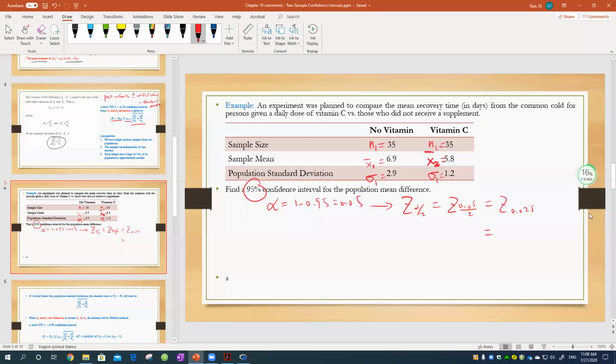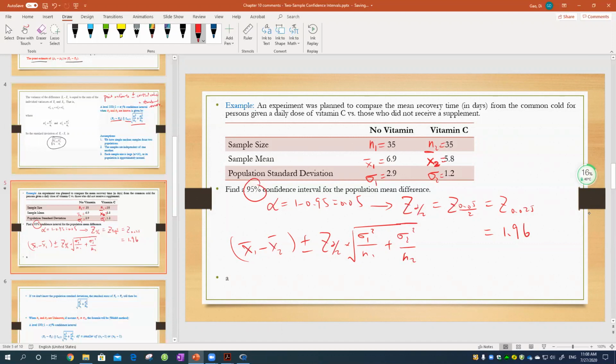So we write it down, that's 1.96. And then write down the formula again, x1 bar minus x2 bar plus or minus the critical value z alpha over 2 times square root of sigma 1 squared over n1 plus sigma 2 squared over n2.